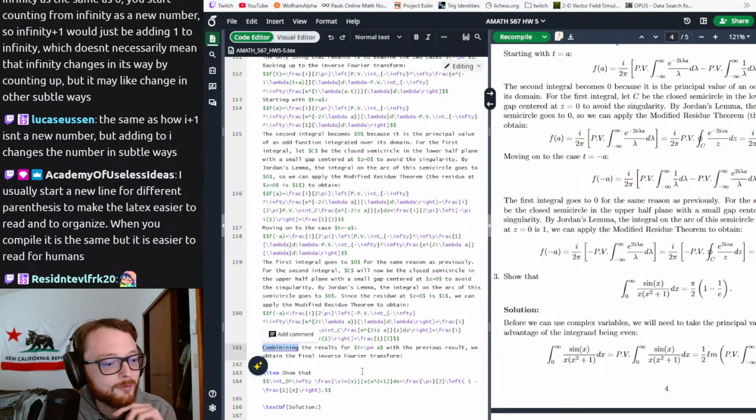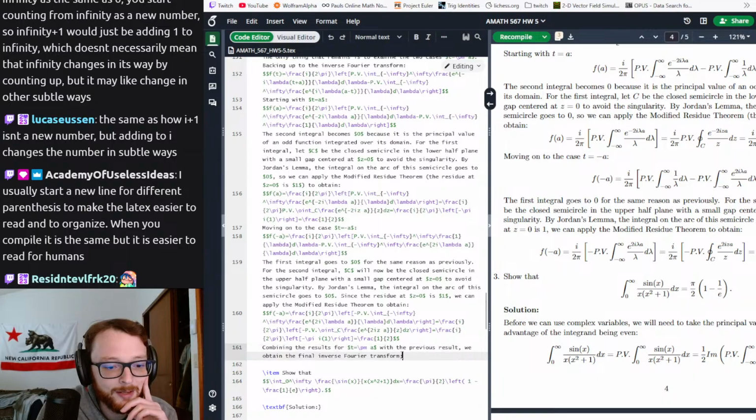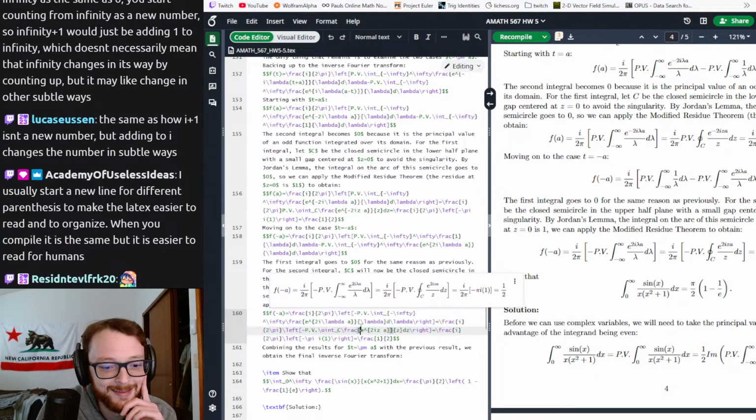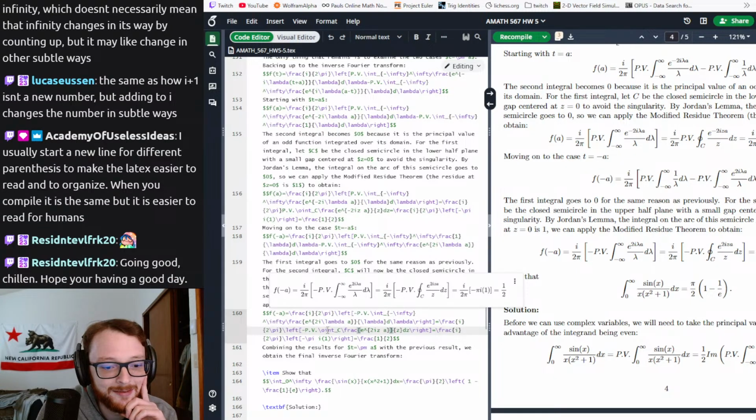Hey, Rez. How's it going? You should start a new line for different parentheses to make the LaTeX easier to read and organize, so you can compile the same. Oh, really? Because I definitely have had a complaint that there's just not enough white space in this. I'm kind of paranoid about adding it because I'm nervous that it would not render the same.